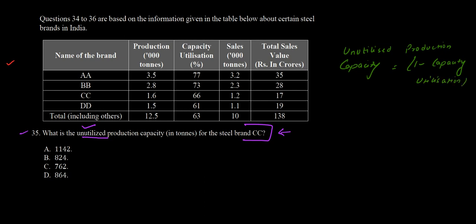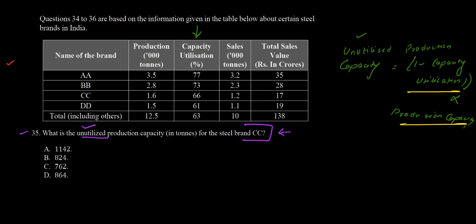Utilization, 1 minus capacity utilization, this will give us the percentage. Here you can see we have capacity utilization in percentage. So 1 minus capacity utilization will give us the percentage of unutilized production capacity, and to find the exact value we need to multiply this percentage by the production capacity.